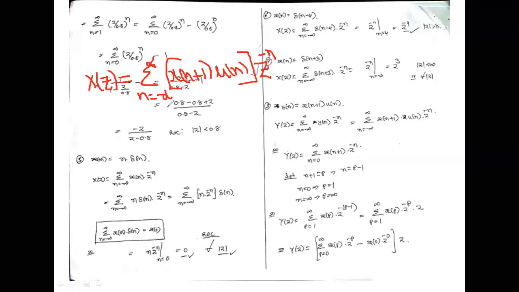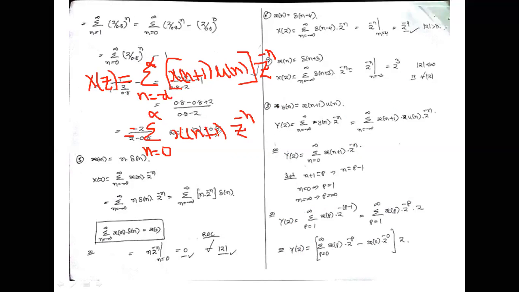What is u of n? The range changes from minus infinity to infinity into 0 to infinity, where u of n is 1.